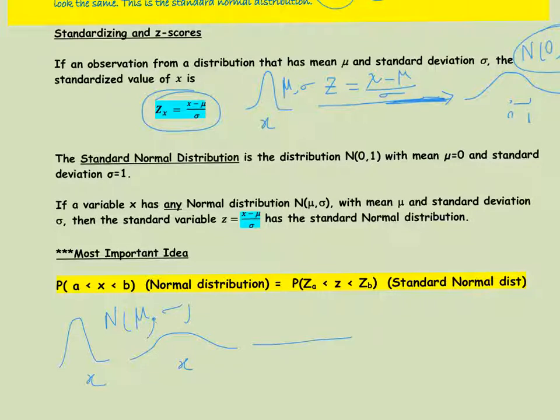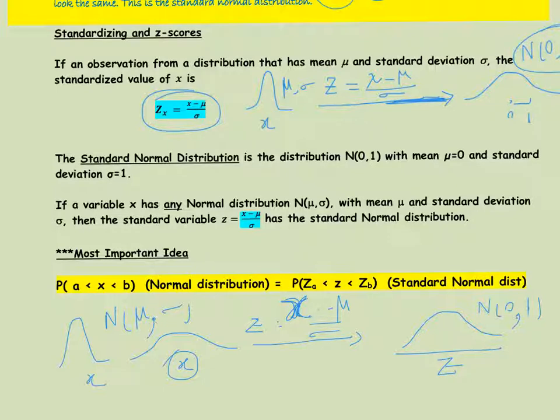It can be converted to what is called a standard normal distribution, which has center 0 and standard deviation equal to 1, where every x value is converted to its corresponding z value using the formula, z equals x minus mu: you take the x value, subtract mu from it, and divide by sigma. Then what we're doing is standardizing the normal distribution.